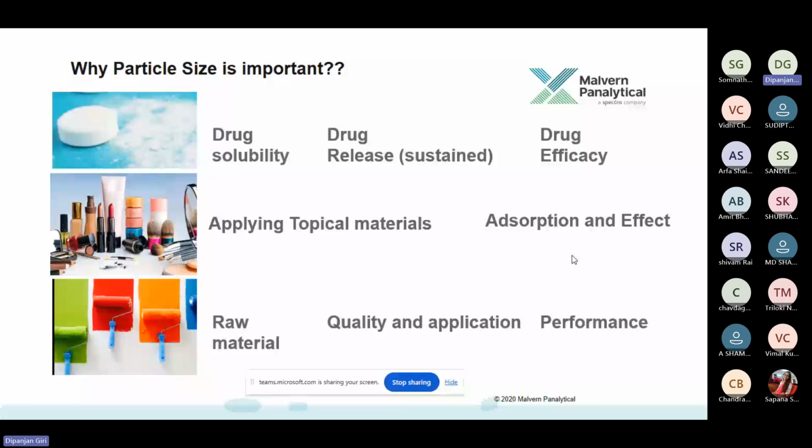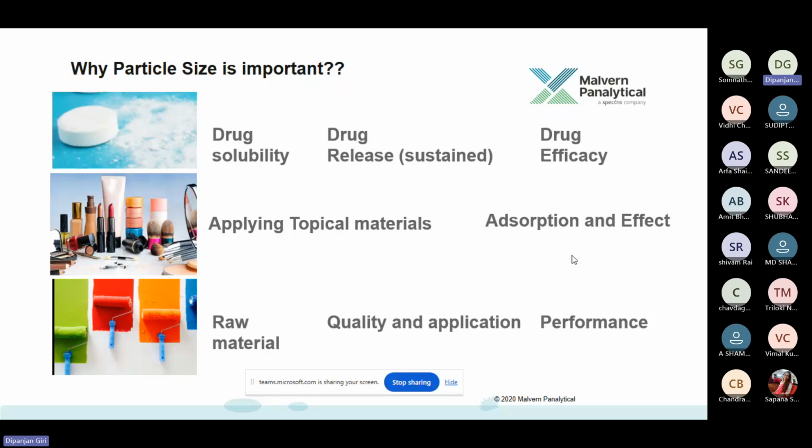Most of the materials we process, create or develop in the lab or in industry involve particles being modified from one form to another, and material behavior can be very much influenced by the size of these particles.